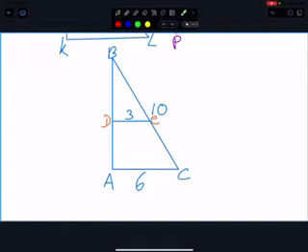They ask you to find the length of one more. Okay. Here's 8.